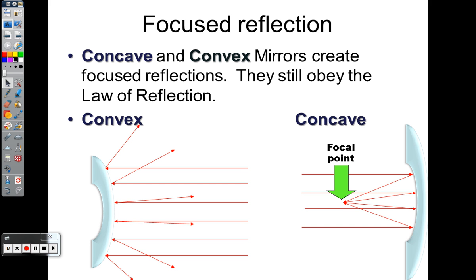These are mirrors, not to be confused with lenses. The biggest obstacle is confusing the lenses and the mirrors because they're opposite of each other. So if you don't have them labeled correctly, you go back, you have issues. These are both mirrors because we're talking about reflection.